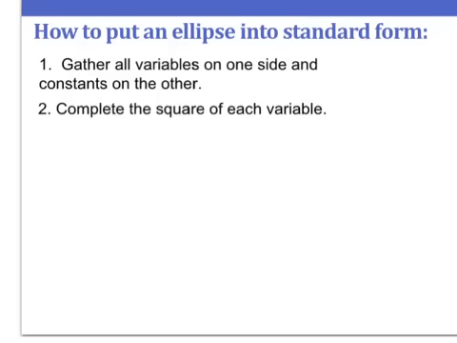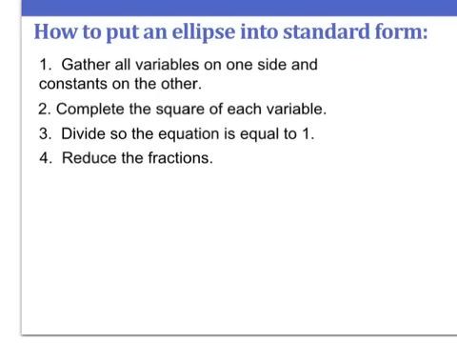If there's only an x squared, you do not need to complete that square. You will divide the whole equation so that the equation is equal to 1. And then if there are any fractions that need to be reduced due to dividing by the number, you will need to reduce the fractions.